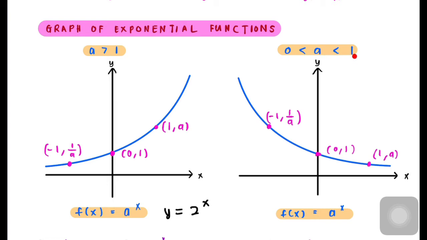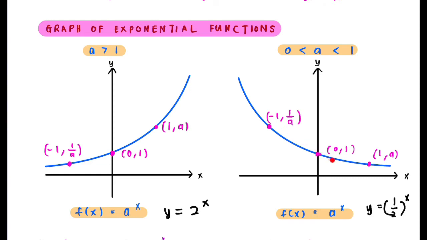1 over 2, 1 over 3, and so on, you will have a decreasing graph. And then the compulsory point is here also (0, 1). Example for this function, let's say you have the function y equal to half power of x.